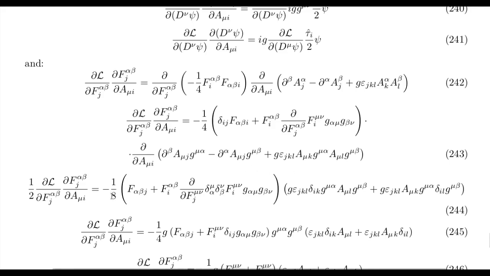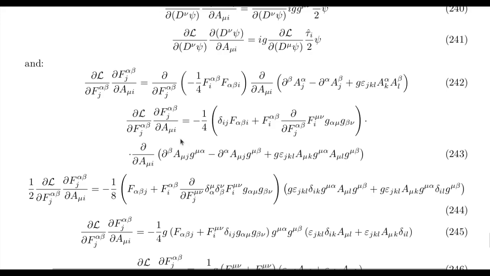Then in the next line, that's a mistake here, that must be a quarter, not an eighth. This delta means only that this i changes into a j. Then we write two Kronecker deltas to change the alpha and beta index into a mu and nu index.